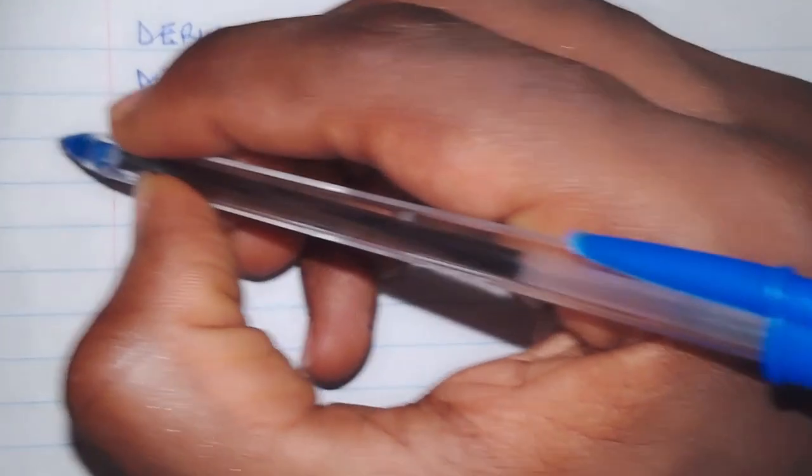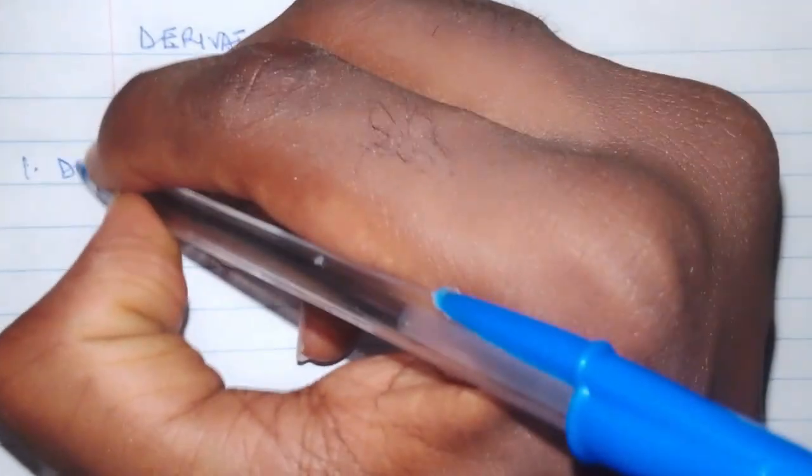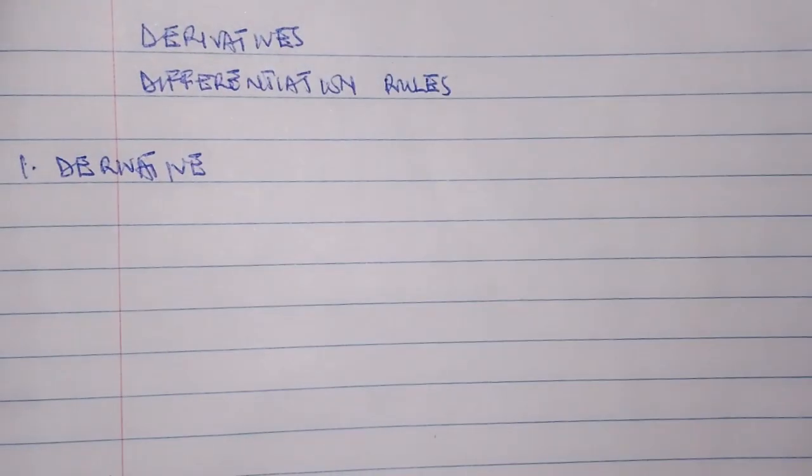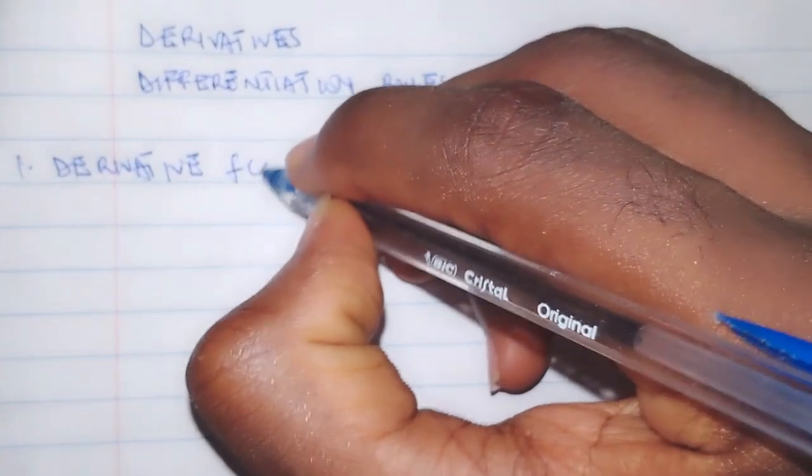So number 1, we take the derivative. Now we are seeing a function f of x.